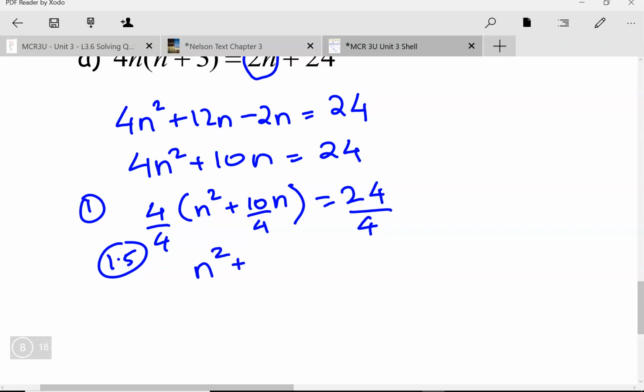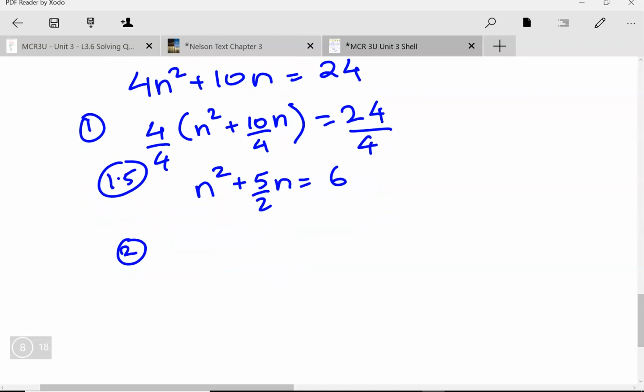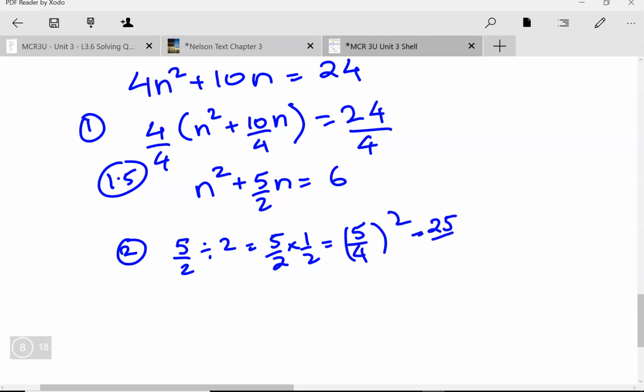And I'm just left with, I'm going to simplify the fraction here. And now I can continue as normal. My second step here is to do 5 over 2 divided by 2, which is 5 over 2 times a half, which is 5 over 4. Squared gives me 25 over 16.